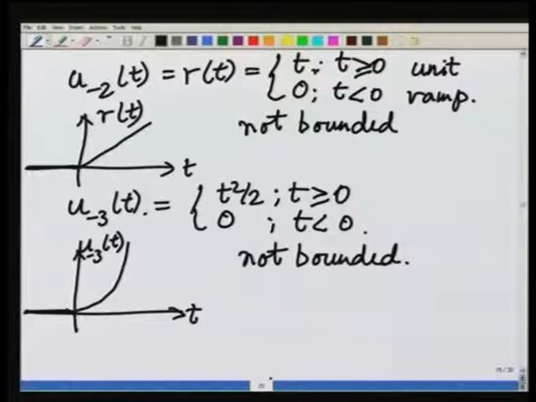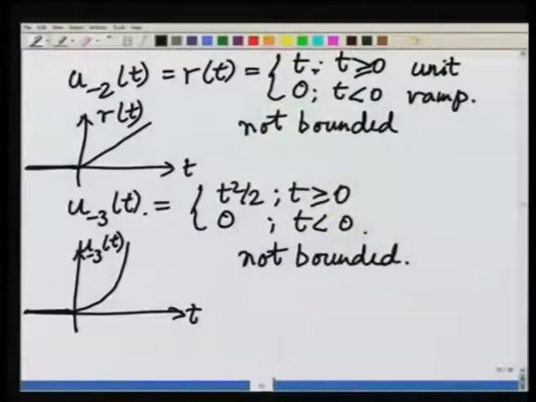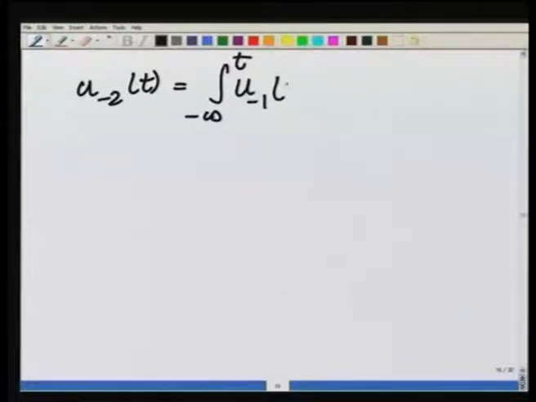Do we see a pattern? How is u minus 3 related to u minus 2 and how is u minus 2 related to u minus 1? If you have not seen the pattern, here is what it is. You will find that u minus 2 of t is the so called running integral, that is the integral from minus infinity to t of u minus 1 of t prime dt prime.